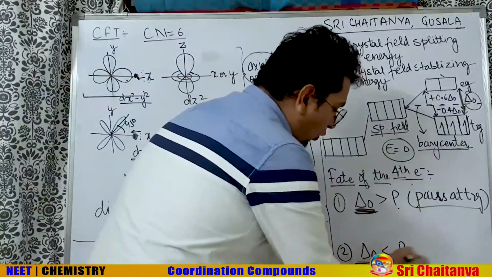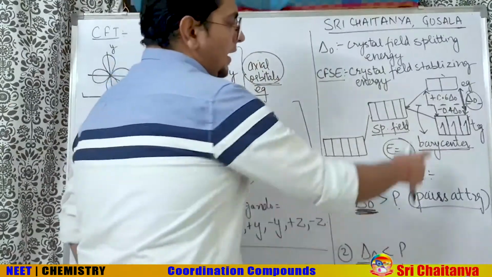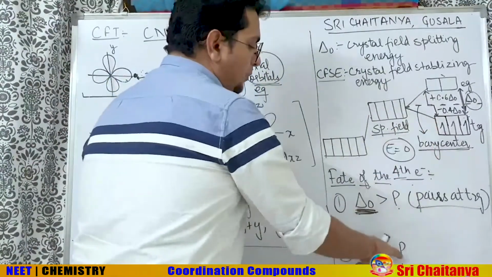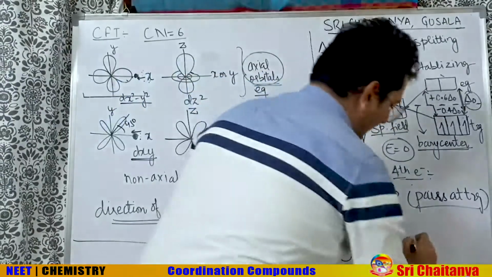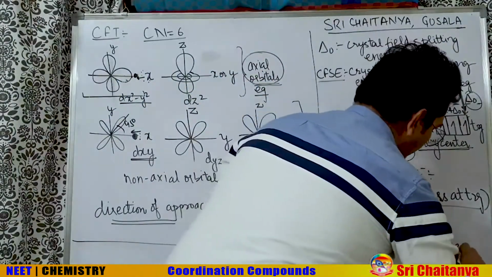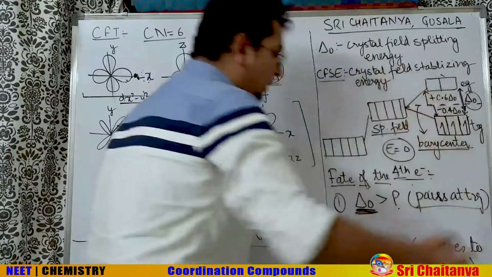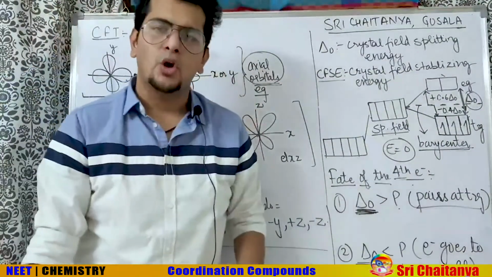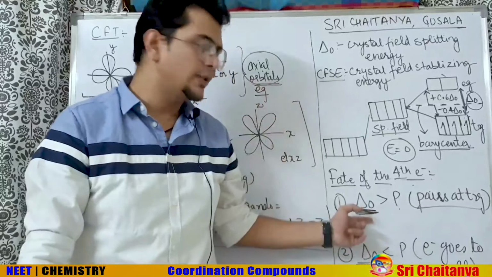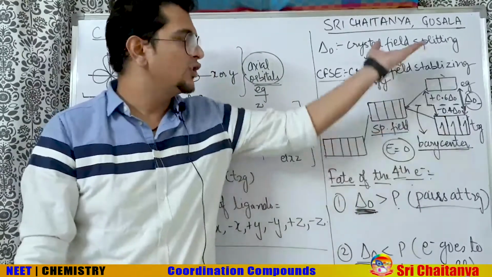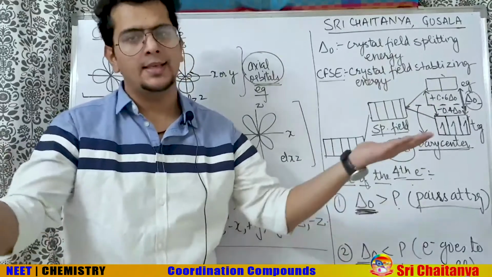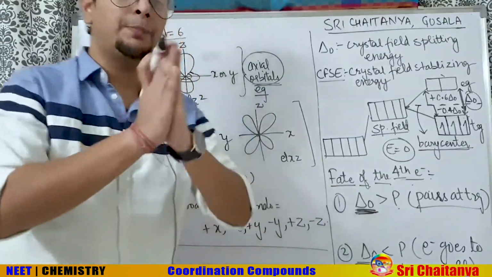Secondly, if delta O is less than P, simple hai yaar. If for pairing we need more energy, then why will I pair? I will go up. So the electron goes to Eg. So bhaiya, the 4th electron does whatever job is easier. If delta O is more, he will pair. If delta O is less, he will jump. If jumping is easy, he will jump. If pairing is easy, he will pair.